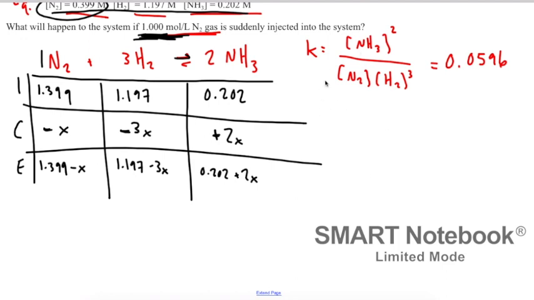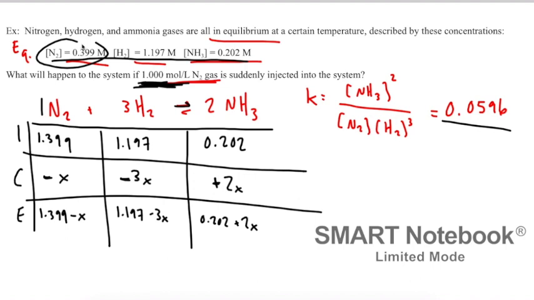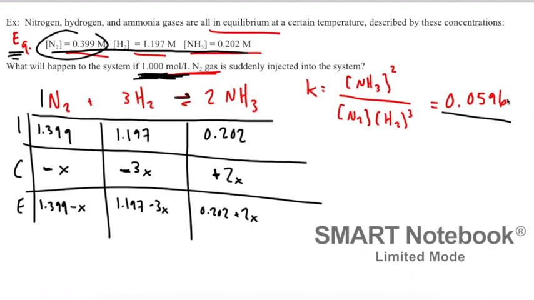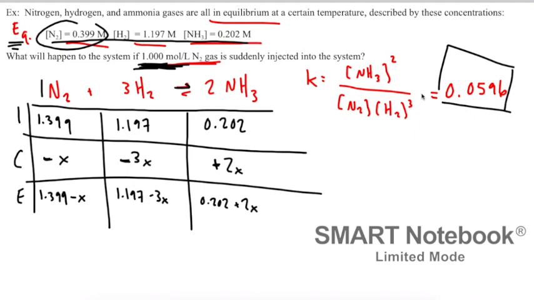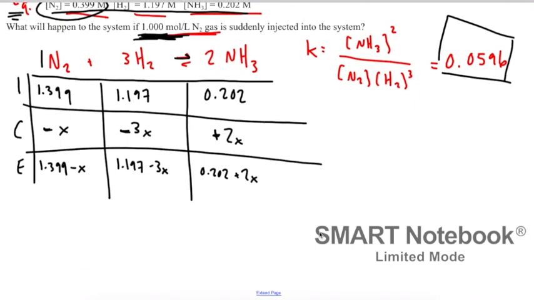So I just got to plug and chug. I know what my K value is equal to. Remember, I had to calculate that. They didn't give it to me, but these are all equilibrium concentrations, so I was able to plug those in and solve for my K value. And I know that this is unchangeable, right? That cannot change unless I change the temperature. I'm at one specific constant temperature.